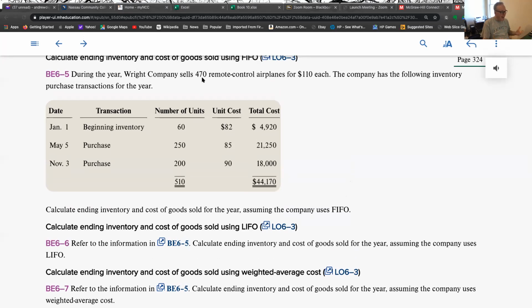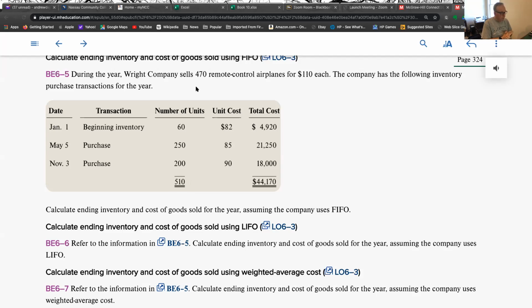Well, how many did they have? They had 510. So if they had 510 and they sold 470, that means right now they have what? 40 remaining in inventory.